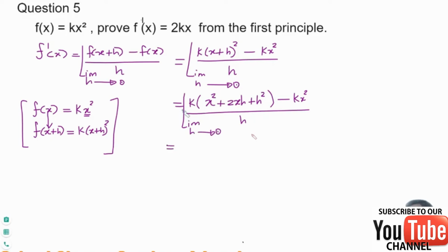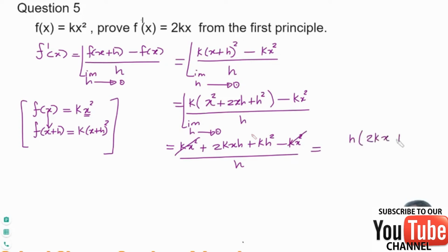Now I'm going to multiply k times x squared: kx squared plus 2kxh, plus kh squared minus kx squared over h. Now the kx squared cancels. If you factorize the h out, h(2kx plus kh) over h. Now the h and h cancel.